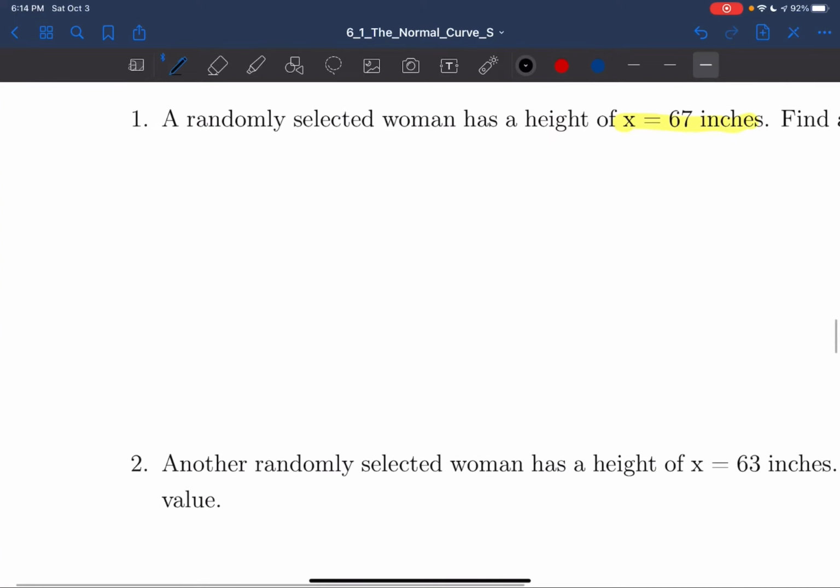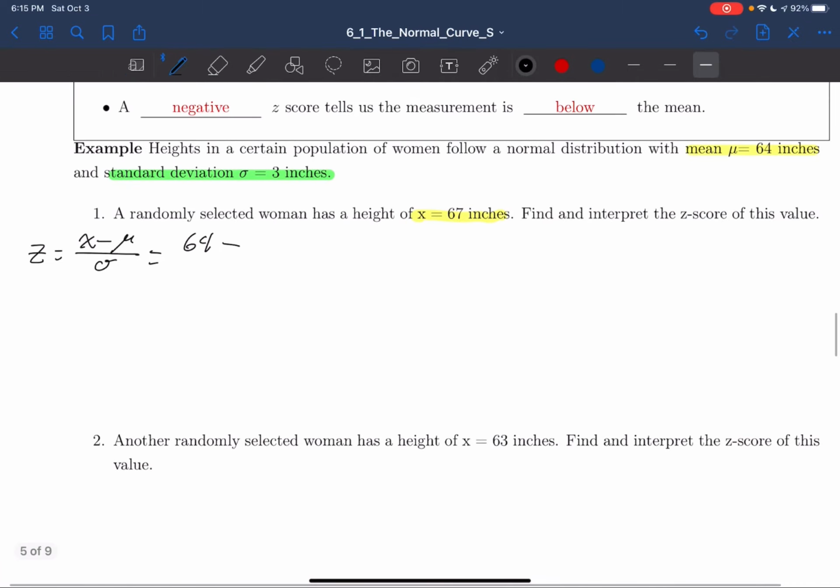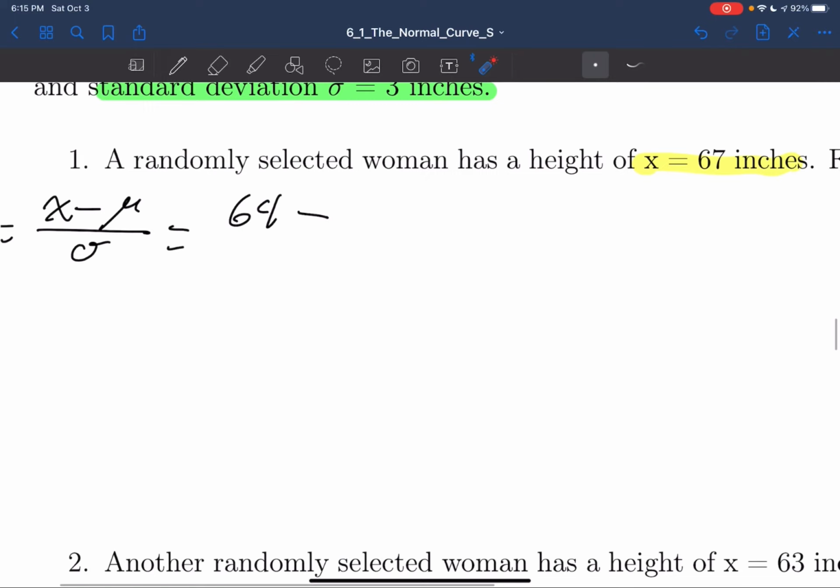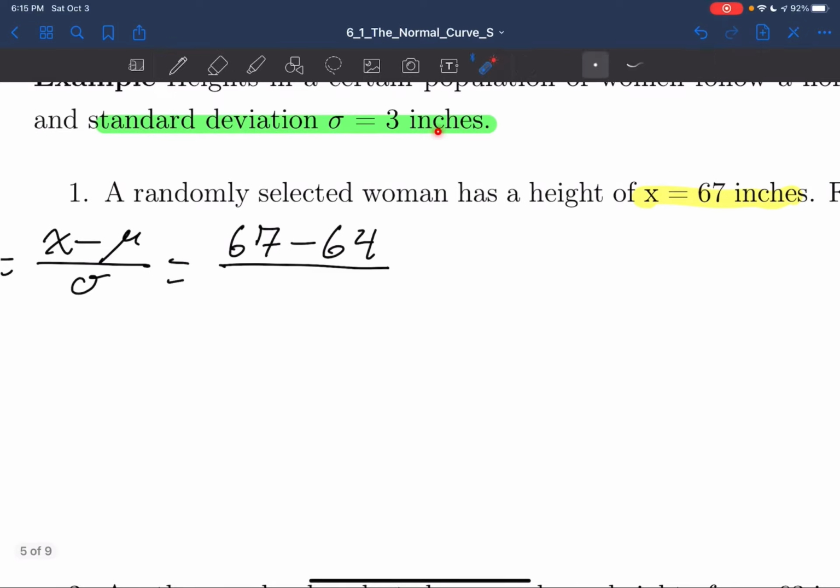Here, z is equal to the value x minus mu over sigma. The x value is 67, the mean is 64, over the standard deviation, which is 3.